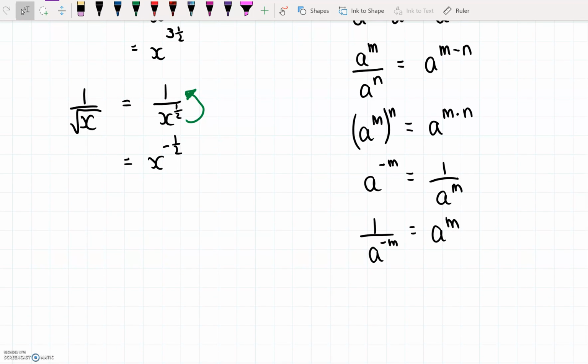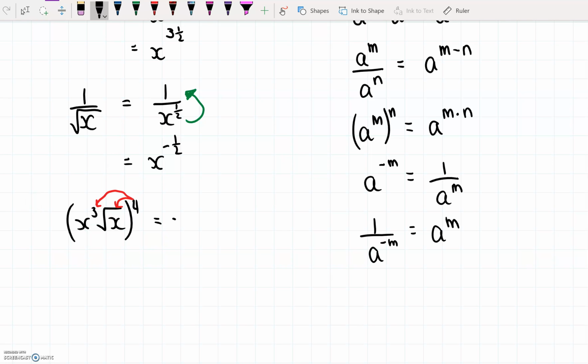There's all kinds of other ones. So we could have x cubed root x, all to the power of 4. How can we write this? Firstly, you need to remember that you've got to apply that 4 to both terms inside the bracket.